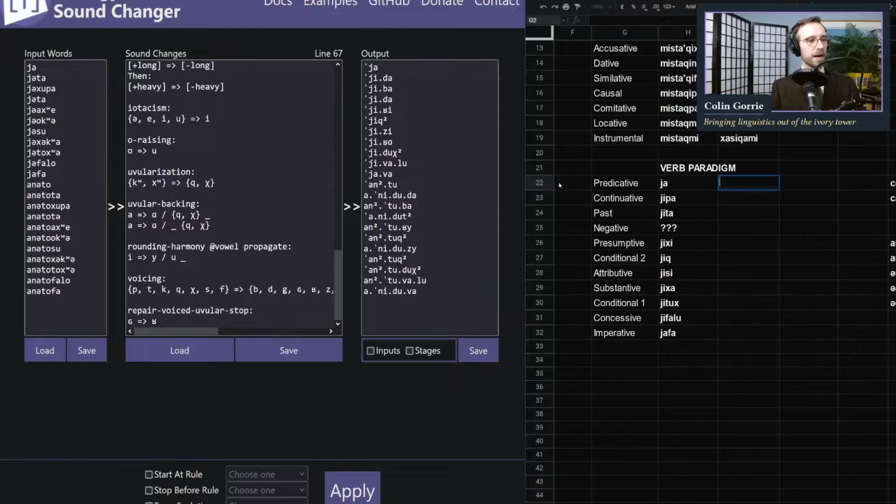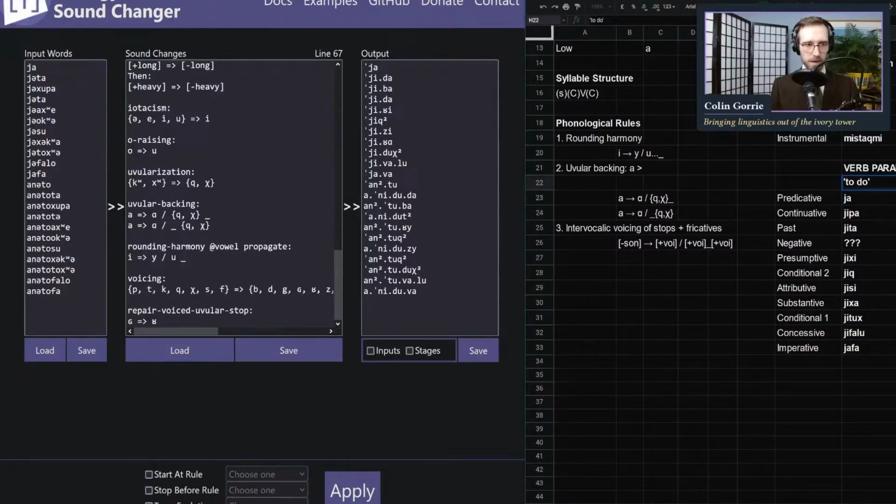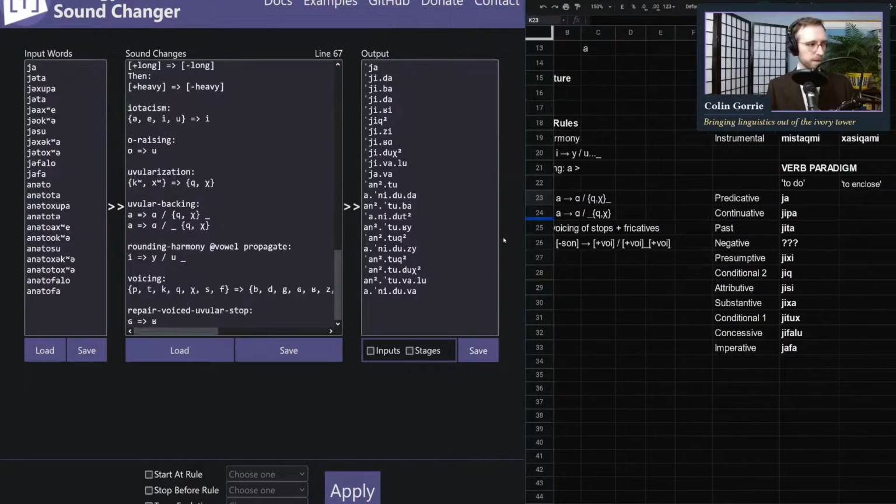All right, so then we have Antu. This is part of the problem with doing it in spreadsheet form. And then we have to enclose. And so to enclose is Antu. And what else? Continuative form is aniduda.